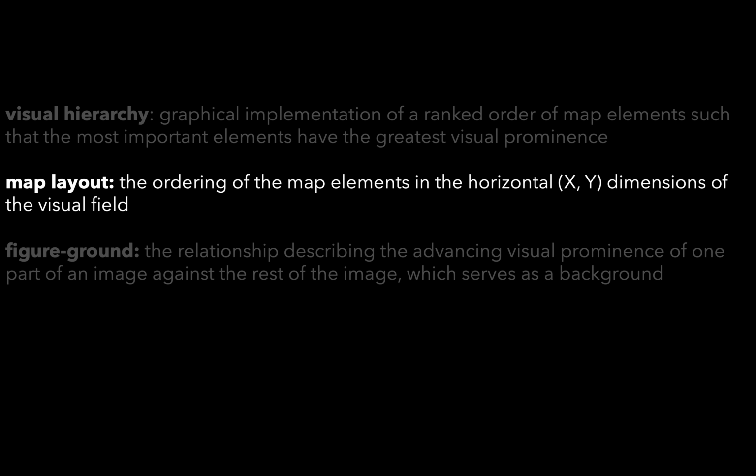The next concept is the map layout, and this is simply the ordering of the map elements on the XY dimensions of the visual field. So if we think about our page layout as the visual field that we're working on, then its map layout is really just the ordering and the alignment of those elements within that page.